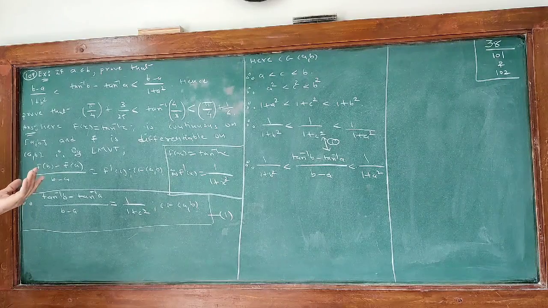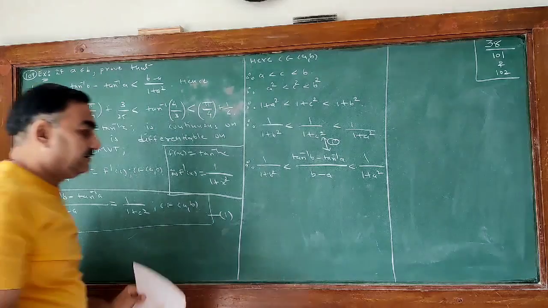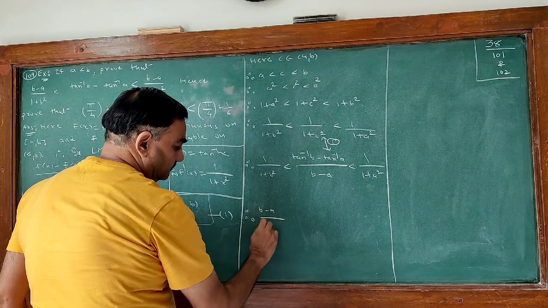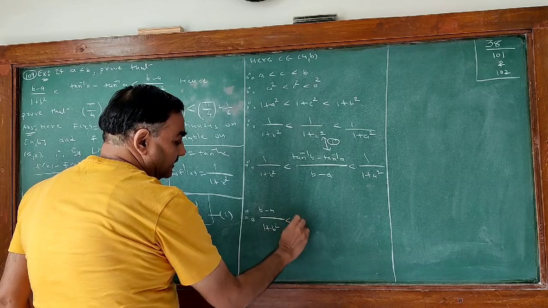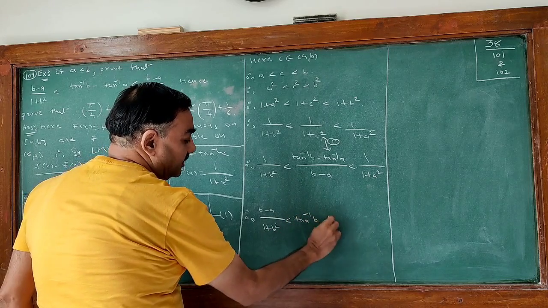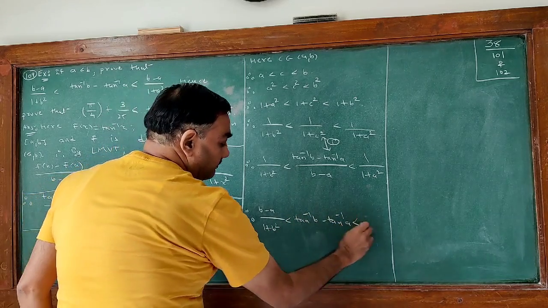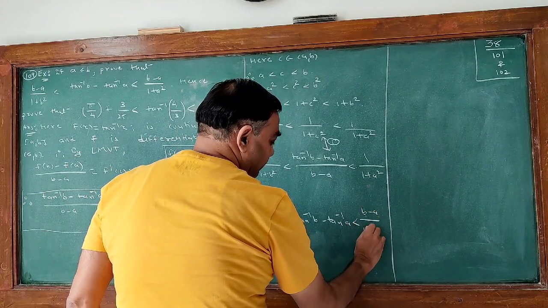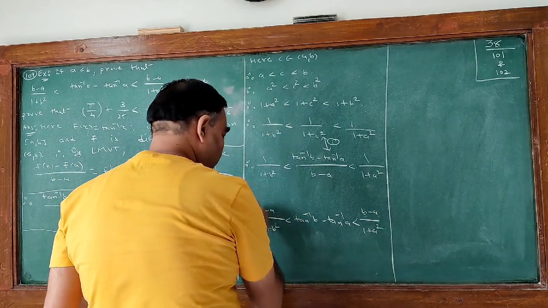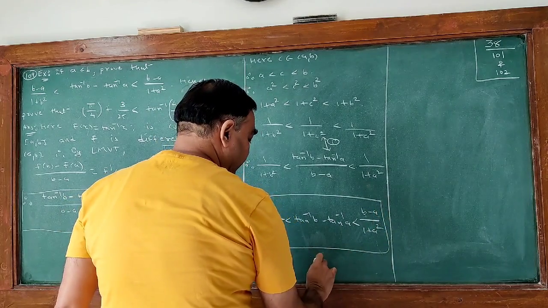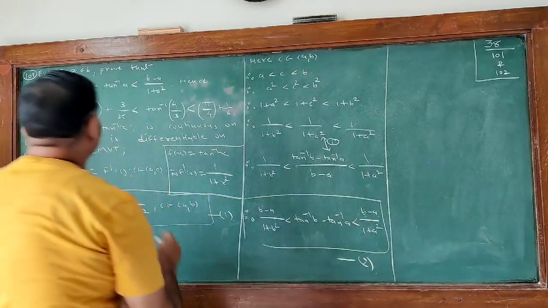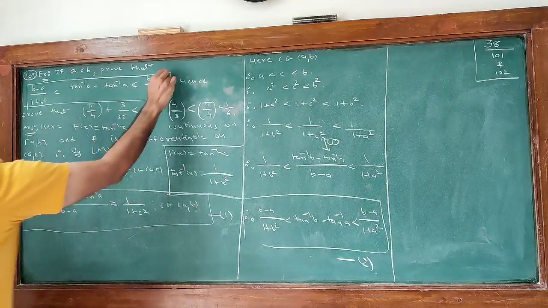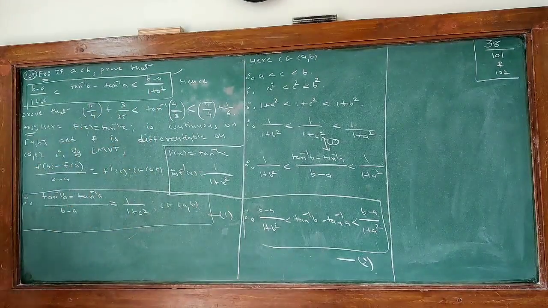Then I multiply this by b minus a: (b minus a) upon (1 plus b square) is less than tan inverse b minus tan inverse a, which is less than (b minus a) upon (1 plus a square). So half of the answer is clear. I say this is equation number 2, which we wanted. So we are up to here, yet we have to reach here.